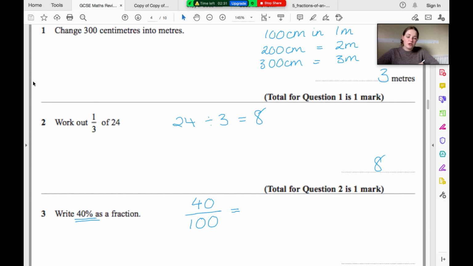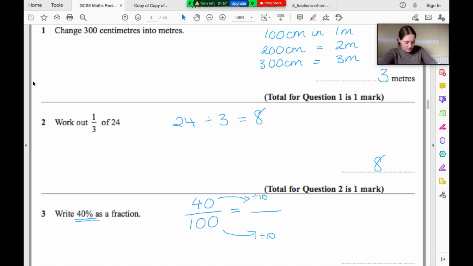Now when we simplify a fraction, what you've got to do is think about what number goes into the top of the fraction and the bottom. So 40 and 100 are both even numbers, so you could divide by 2. But instead of doing that, because it's quicker, they both end in 0. And if they both end in 0, it means I can divide by 10. So I'm going to divide 40 by 10, and I'm going to divide 100 by 10.